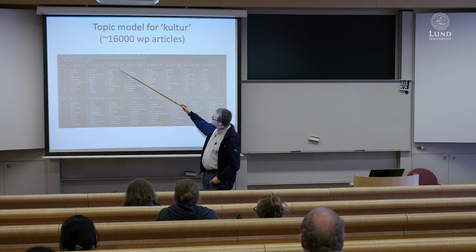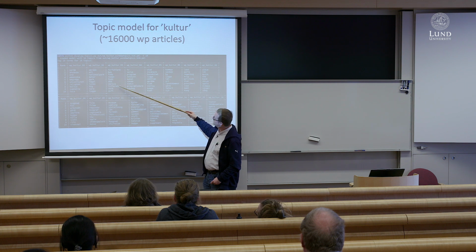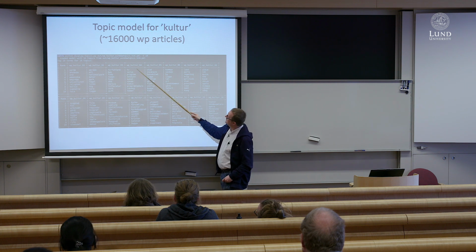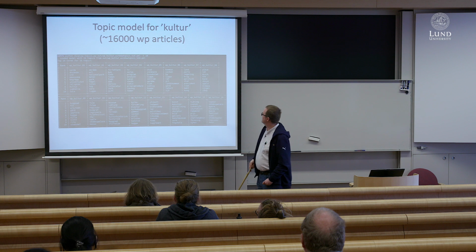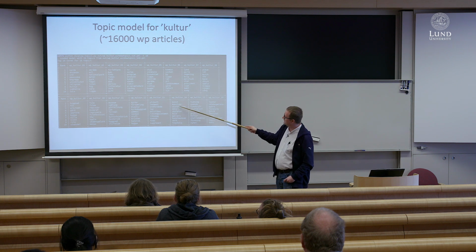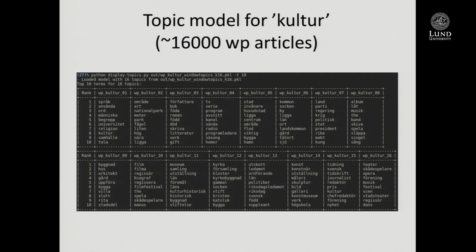But then here we have author, book, novel, and write, literature, etc. TV, series, program, episode, channel, etc. We have art, artist, exhibition, painting, etc. So this has come out automatically from this topic modeling analysis.